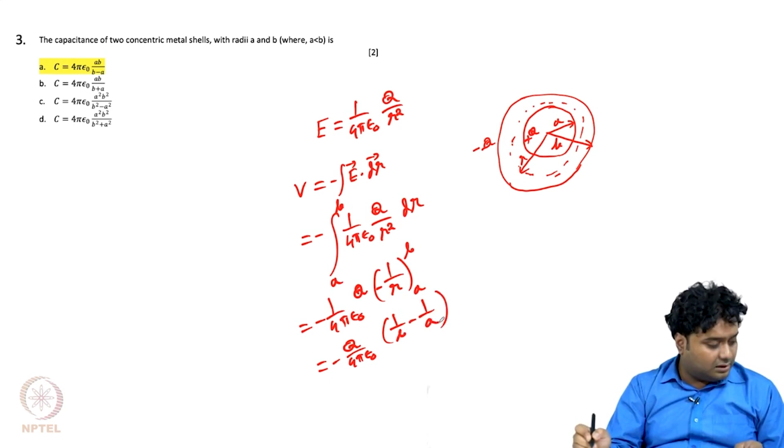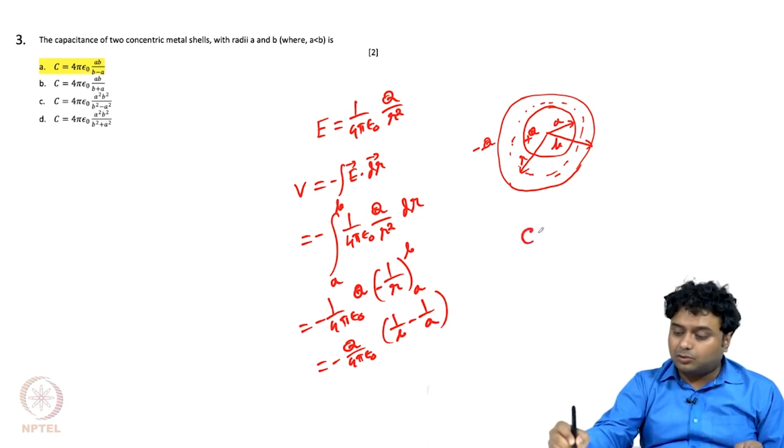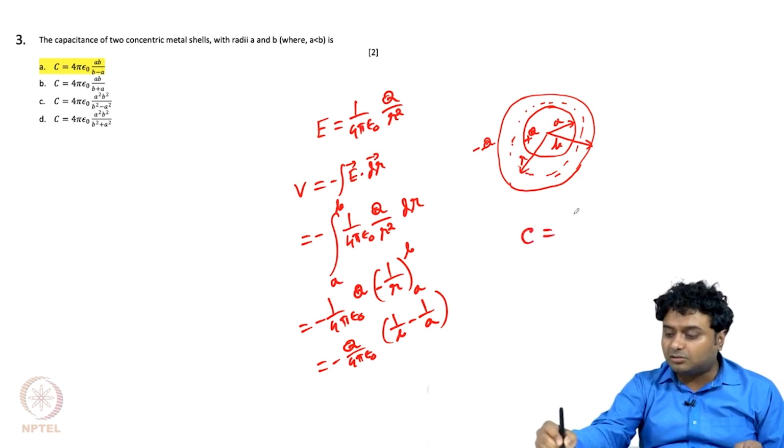And if you do that, then you will finally get the potential, and I have asked about capacitance. So capacitance C equals to what?